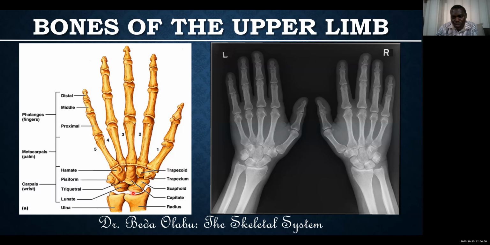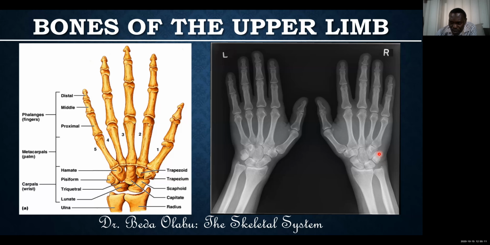Let me take you through the proximal row of 4 bones. We can use this radiograph to name them. So from the proximal row, we're looking at these ones. Laterally, from the thumb side, this is the scaphoid bone, followed by lunate, followed by triquetrum.